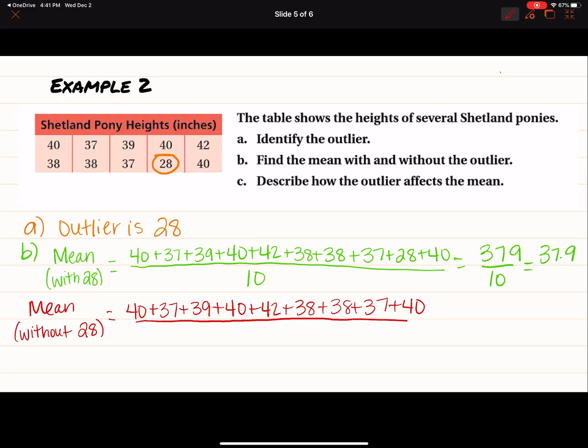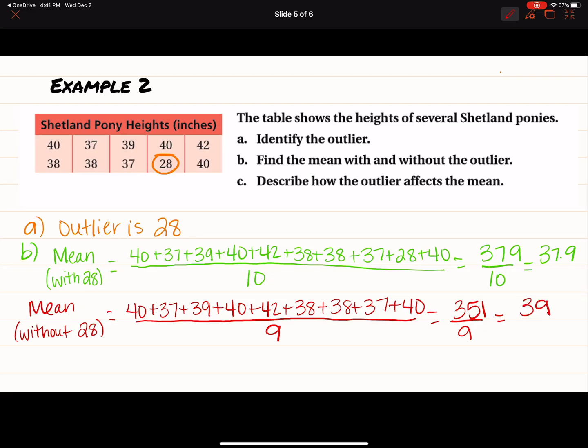And then when I divide by how many there are, now there are only 9. If you divide by 10 again, it's going to give you a different answer. So we're dividing by how many there are, and since I took that one out, there's only 9. When I add these together, I'm just going to take my 379 and subtract 28 from it because that's the only one I took out. You should get 351 when you add all these together. And 351 divided by 9 is 39.